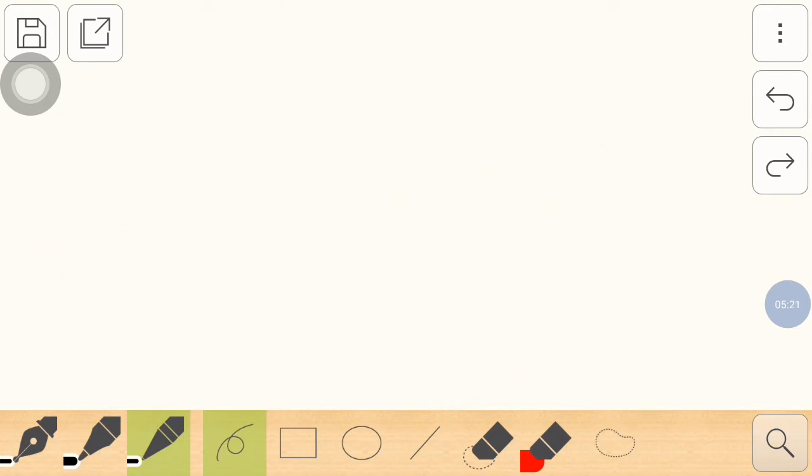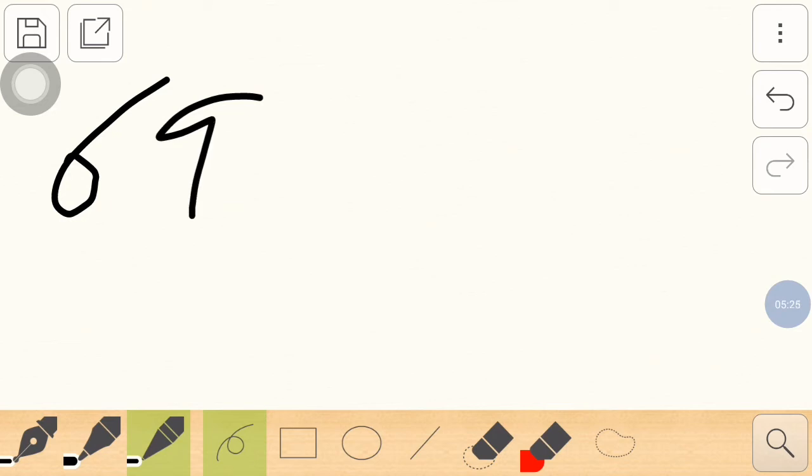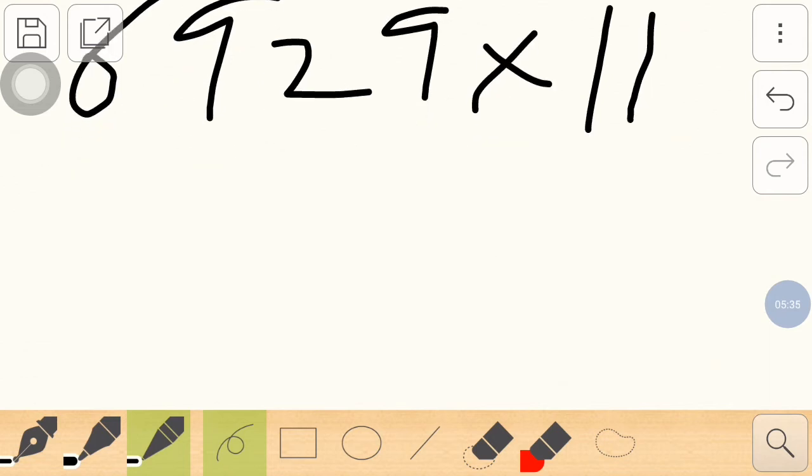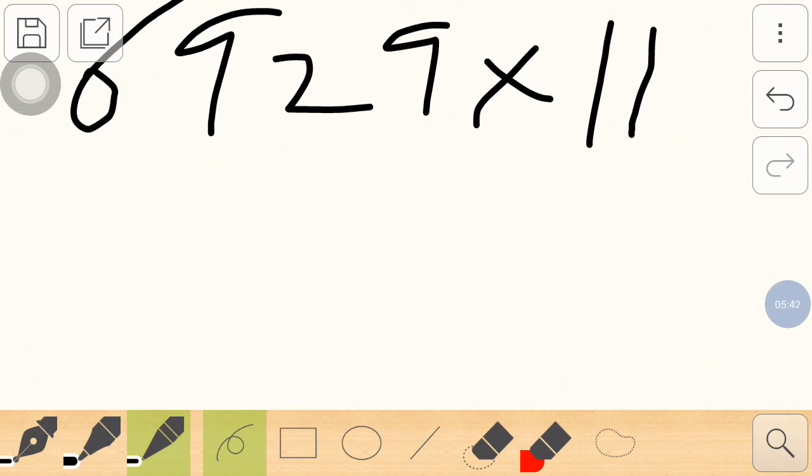Let's take a very simple one. 6929 multiplied by 11. Okay, so the usual, drop the last number, sum the pair. 2 plus 9 giving us 11.